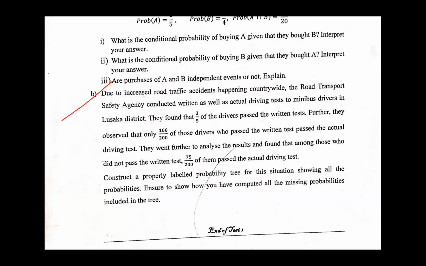Further, they observed that only 166 over 200 of those drivers who passed the written test passed the actual driving test. So there is a written test and the actual test. It is possible for a person to pass the written test and fail the actual test.